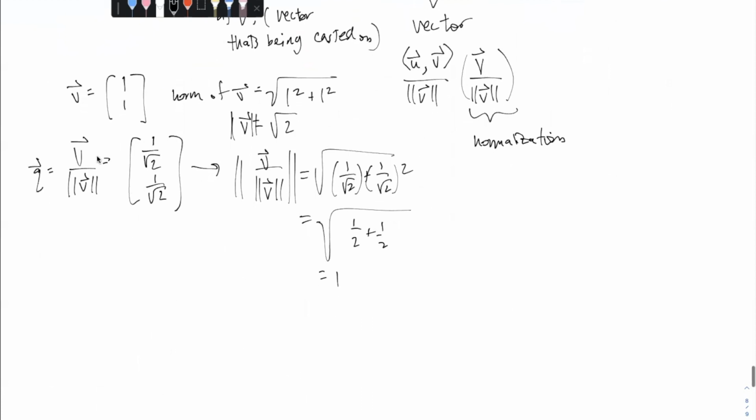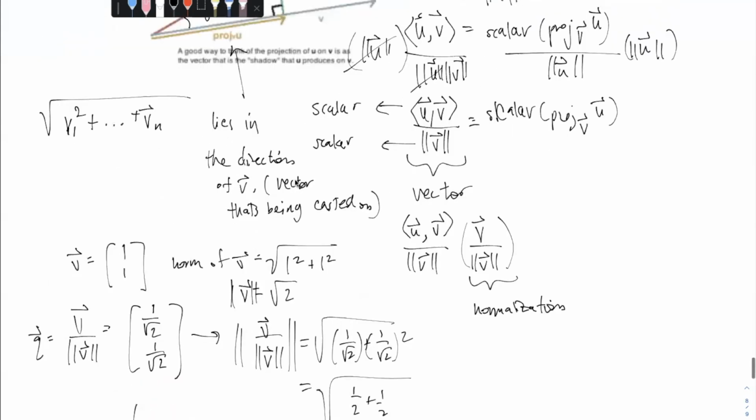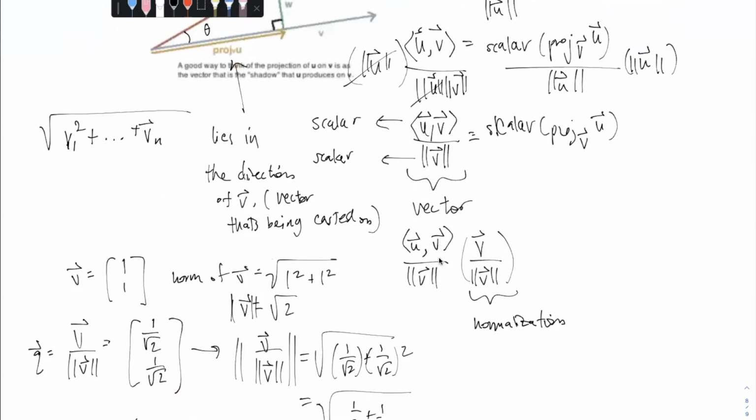You can see visually from this example here, 1, 1 would look something like that. And then 1 over square root 2 would probably look something like this. So they are going in the same direction, but their magnitudes are different. And you want to multiply by a magnitude of 1, since you already have this scalar right here. So now we've derived our formula for the projection of u onto v.